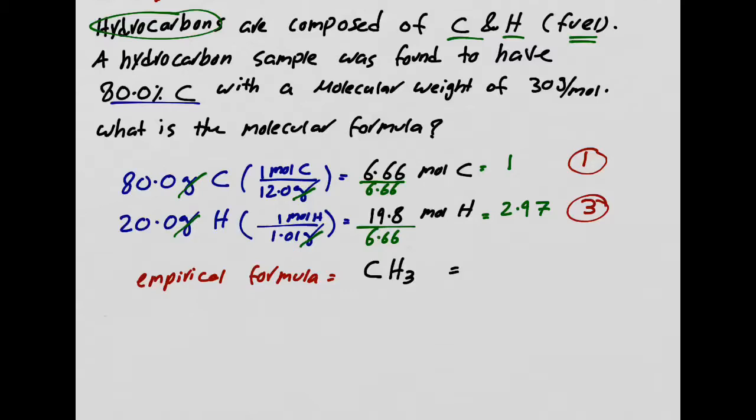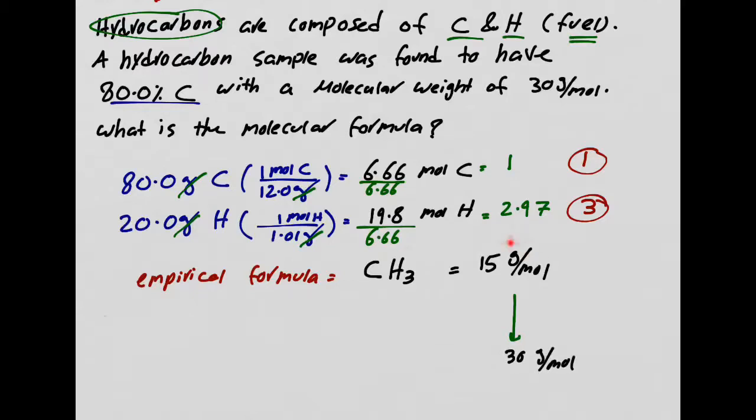Carbon is 12, hydrogen is 1. I have 3 hydrogen. So the molecular weight is 15 grams per mole. Do you agree? But it tells you that the molecular weight of the actual formula, not just the simplified one, is 30 grams. So I know that this is supposed to be 30 grams. But mine right now is 15 grams.